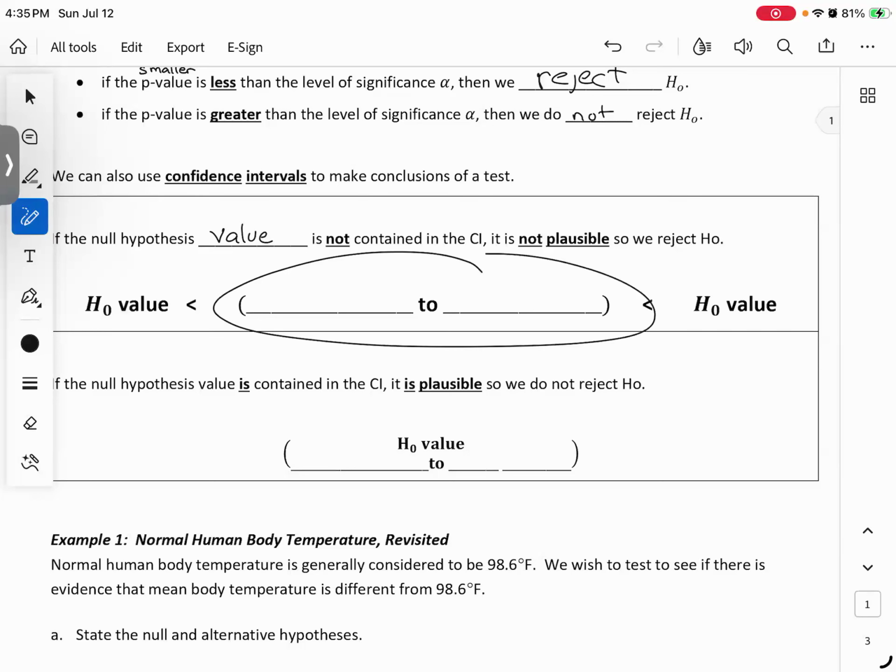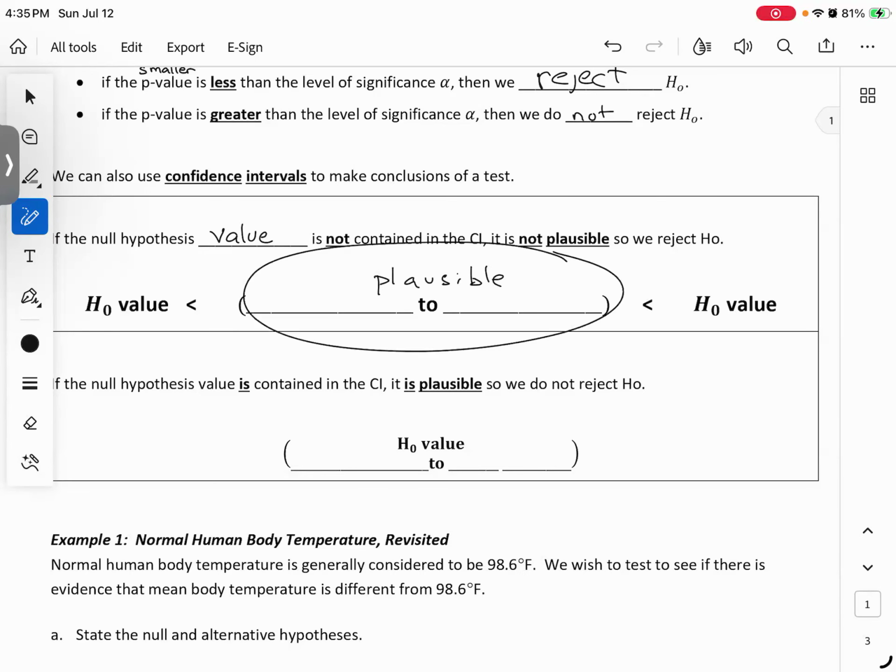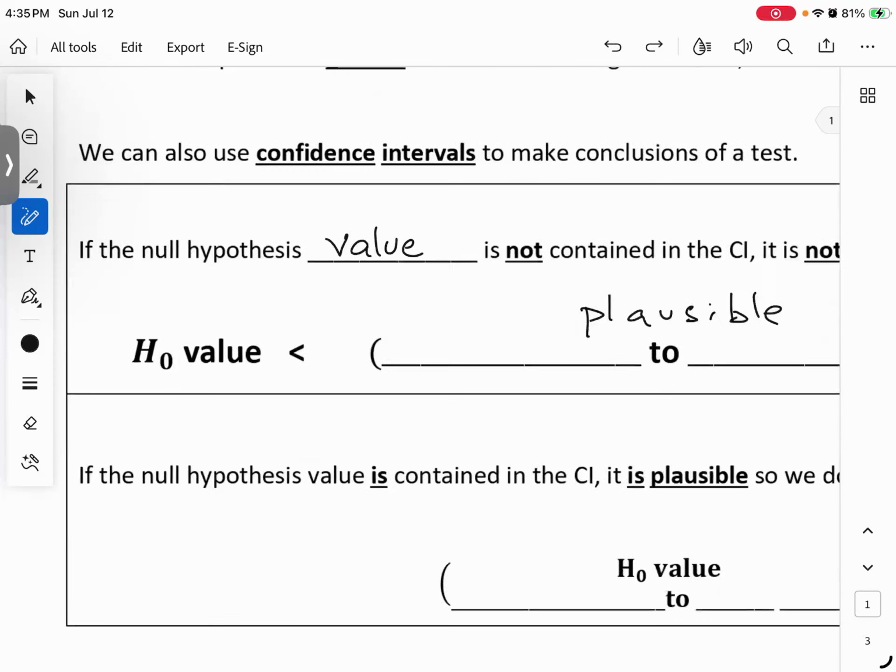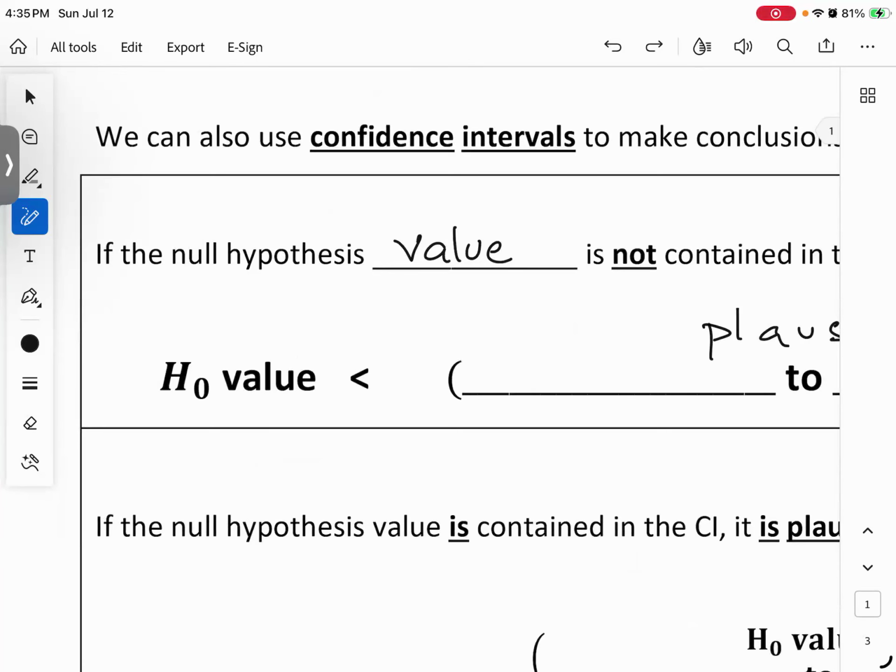Because remember, anything in between here and here is known as what's plausible. And if the null hypothesis happens to have a value that is within here, it's likely to be the truth. And so, for that reason, we wouldn't be able to reject it. If it's on the outside, maybe it's too low a value, then you can reject it.